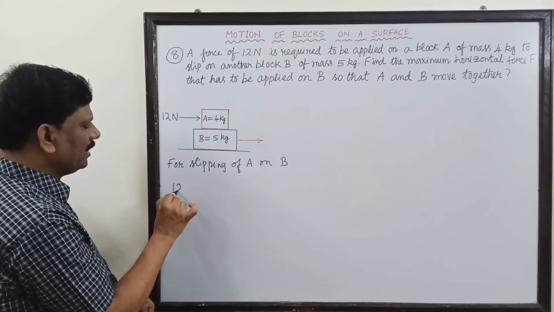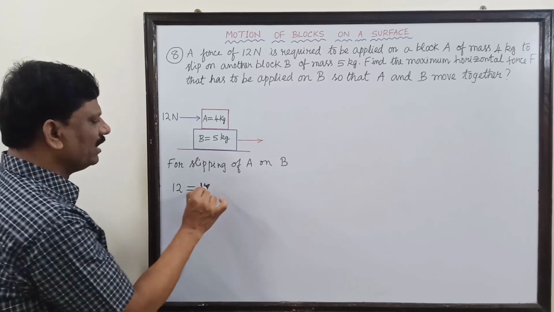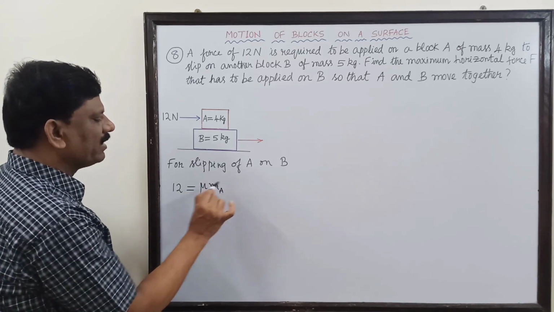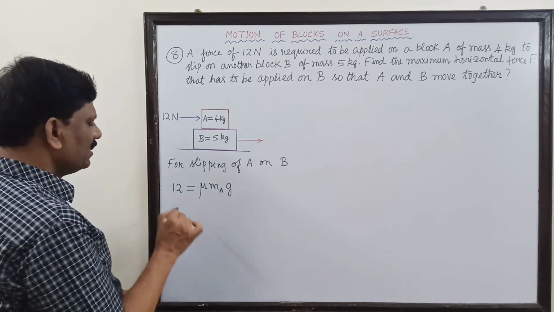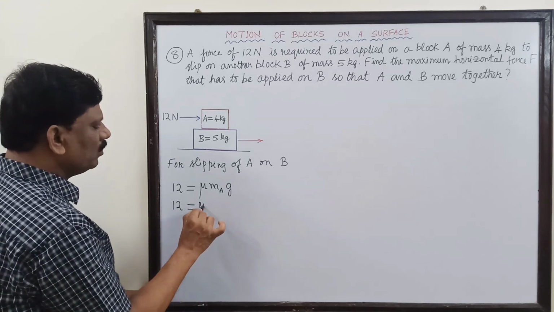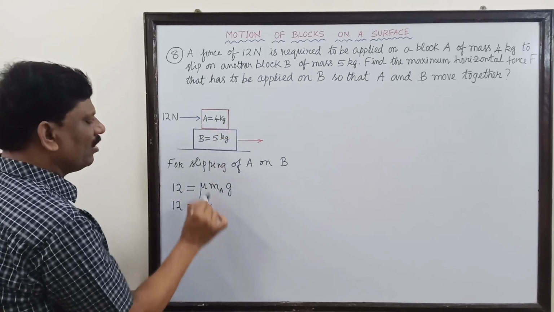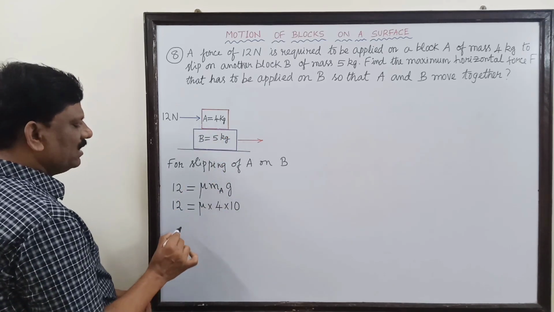That is, 12 Newton must be equal to mu, the coefficient of friction, into mass of the block A into g. Understand? So 12 Newton is equal to mu into 4 into g, where g is 10.